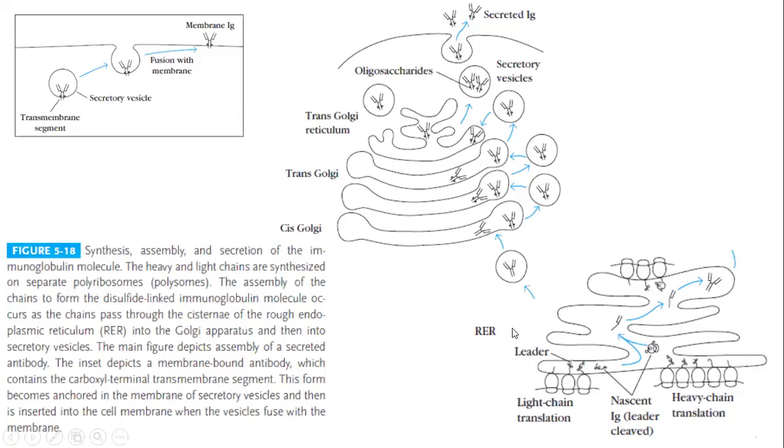The leader DNA codes for a short polypeptide, the leader peptide. The leader peptide allows attachment to the rough endoplasmic membrane. By recognizing this leader peptide, a specific cleavage process will happen. Specific molecules come and cleave this leader peptide from the nascent polypeptide, making them secreted, not membrane bound.